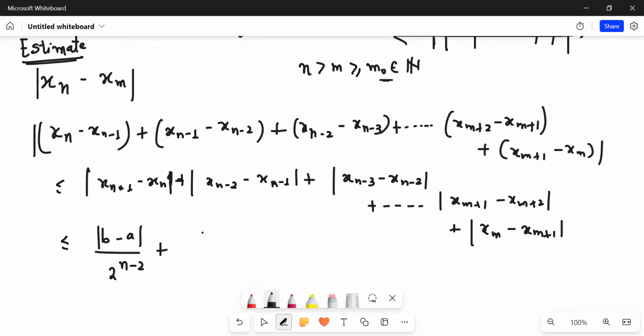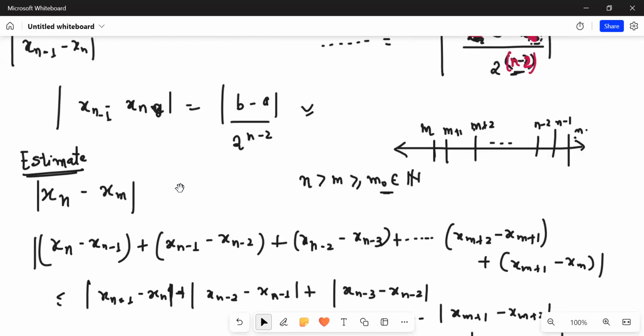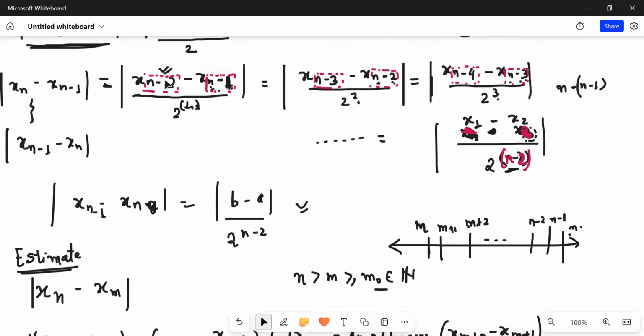What it will be equal to is modulus of b minus a. This is fine. Just think about xn minus 2 minus xn minus 1. Modulus of xn minus 2 minus xn minus 1 is equal to modulus of x1 minus x2 divided by 2 raised to power n minus 2. Take this 2 there.